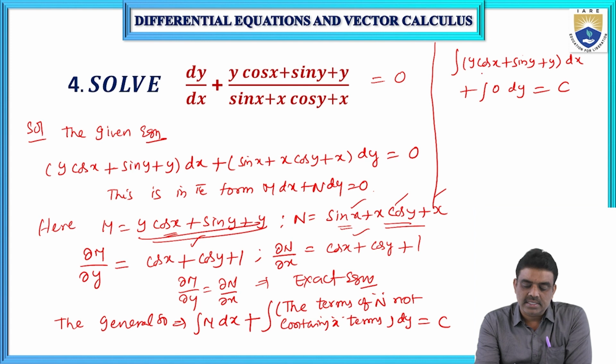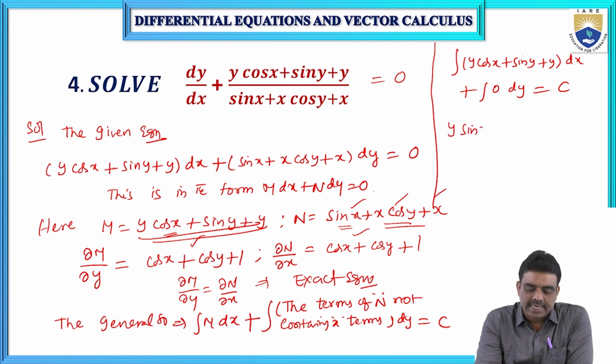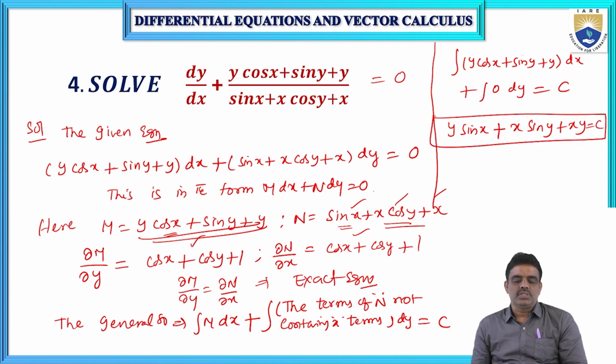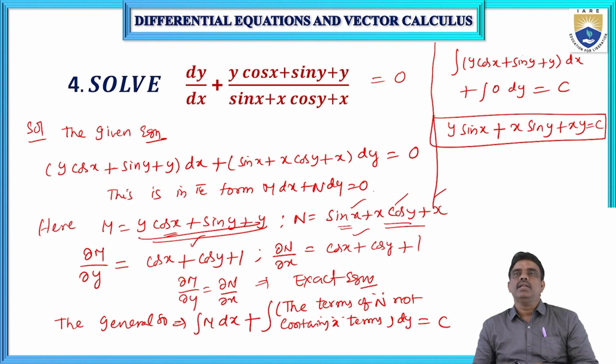So what is the integration? Taking y constant, y into integral cos x is sin x, plus sin y integrated with respect to dx is x sin y, with sin y outside as a constant, and the last one is y into integral dx, which is x. That is equal to c, which is the required solution of the given differential equation.